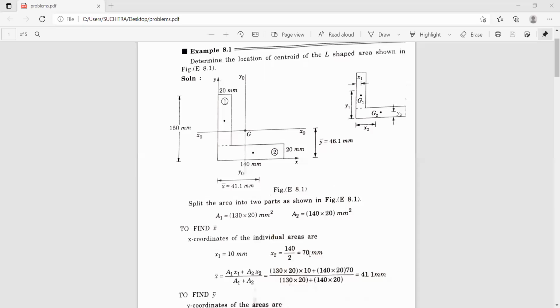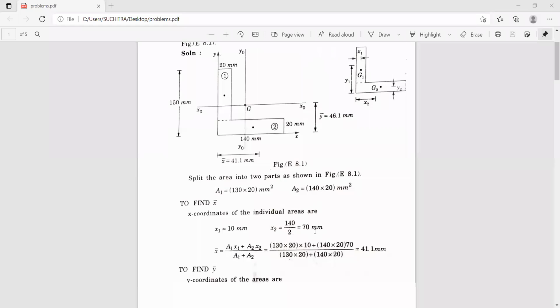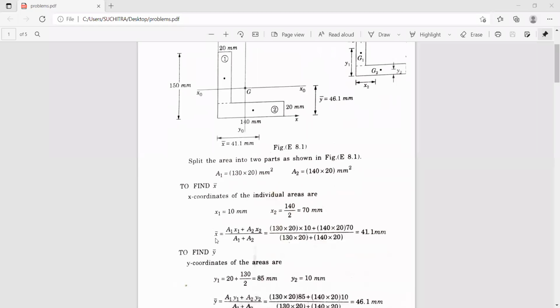So now you know A1, you know A2, you know x1, you know x2, and you know A, capital A, that is nothing but sigma A1 plus A2. So now we know that equation: x bar is nothing but A1 x1 plus A2 x2 divided by A, that is sigma A1 plus A2.